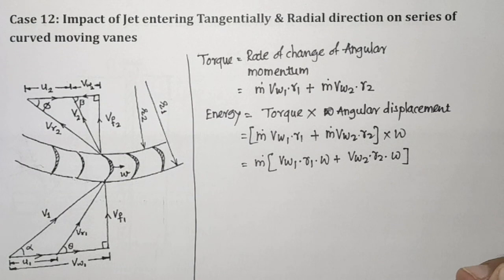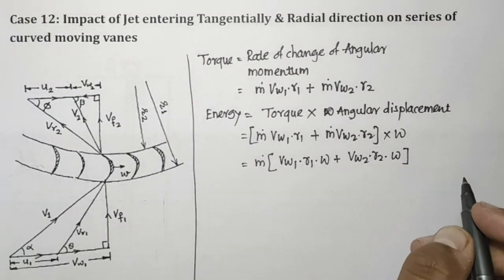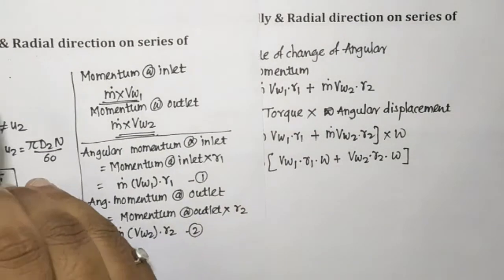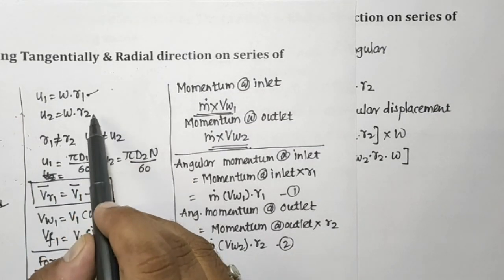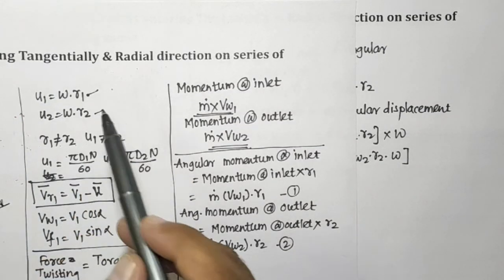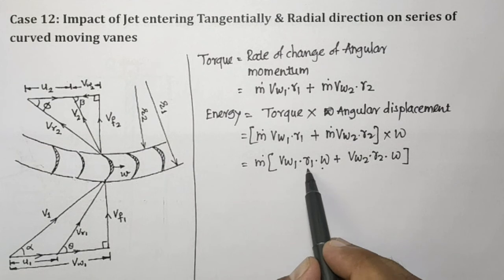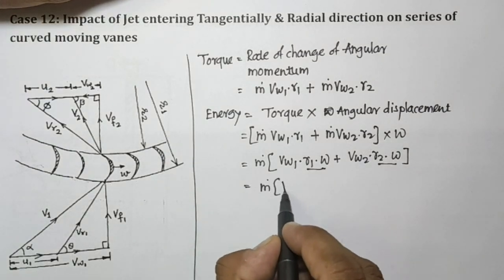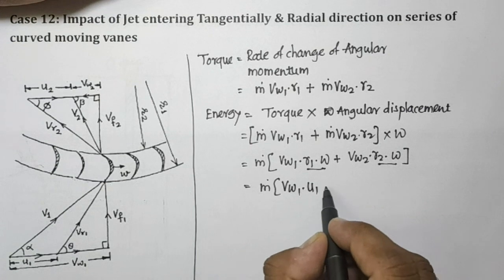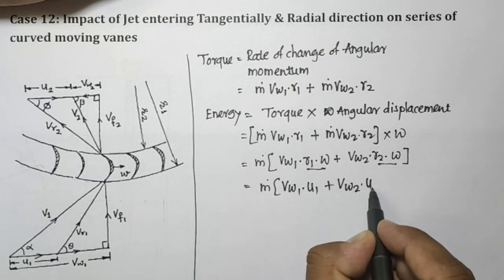Okay, so already we have written that particular thing in this equation as u1 is equal to omega into R1 and u2 is equal to omega into R2. So we can say that these quantities are u1 and u2. So m dot Vw1 into u1 plus Vw2 into u2.